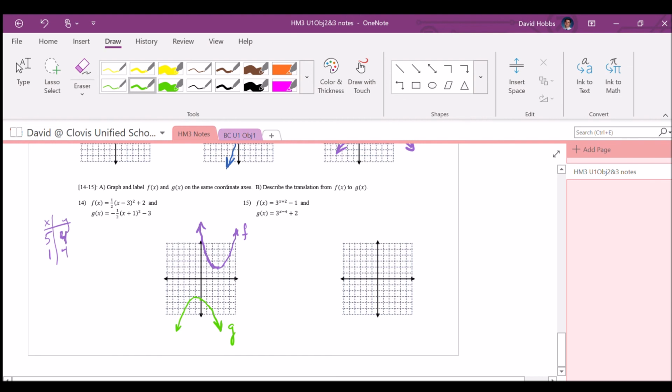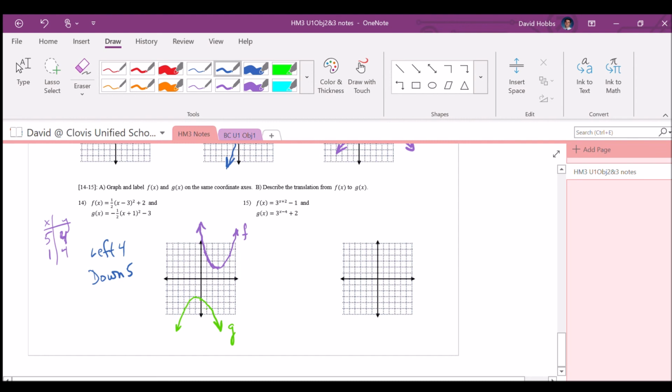Okay, so now describe the translation from F to G. Well, let's go from vertex to vertex. So from F to G, looks like we're going left and down. How much are we going left? 1, 2, 3, 4. So left 4. And down how much? 1, 2, 3, 4, 5. Down 5.